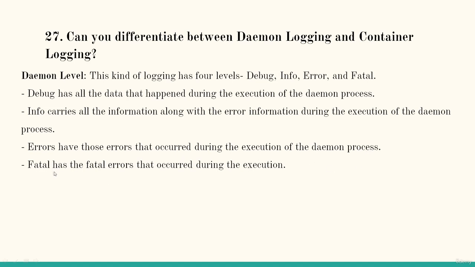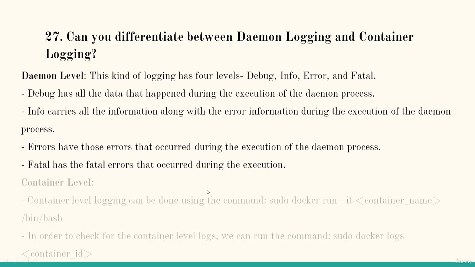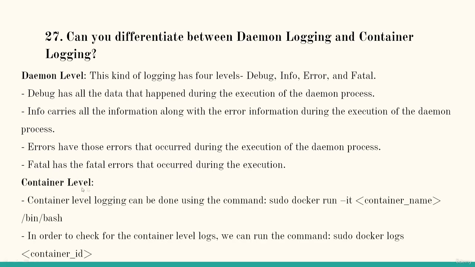And finally, the fatal has the fatal errors that occurred during the execution. But container level logging can be done using the command sudo docker run -it, the container name, then /bin/bash. In order to check for the container level logs, we can run the command sudo docker logs as well, or docker logs without using sudo, depending on how you installed Docker.